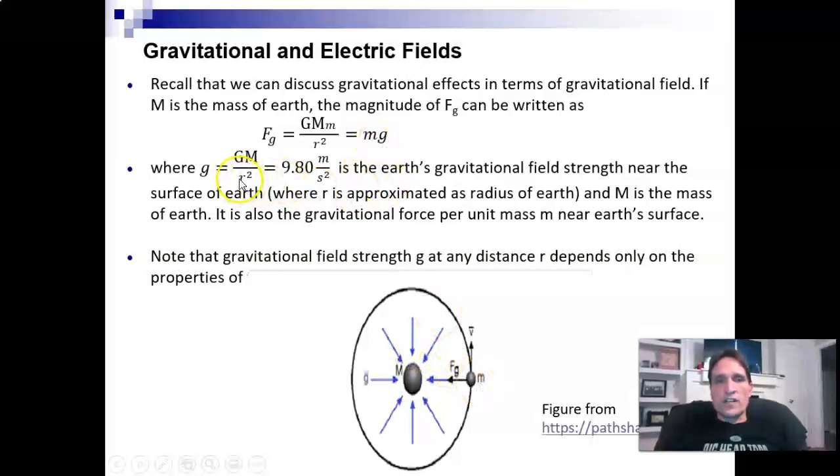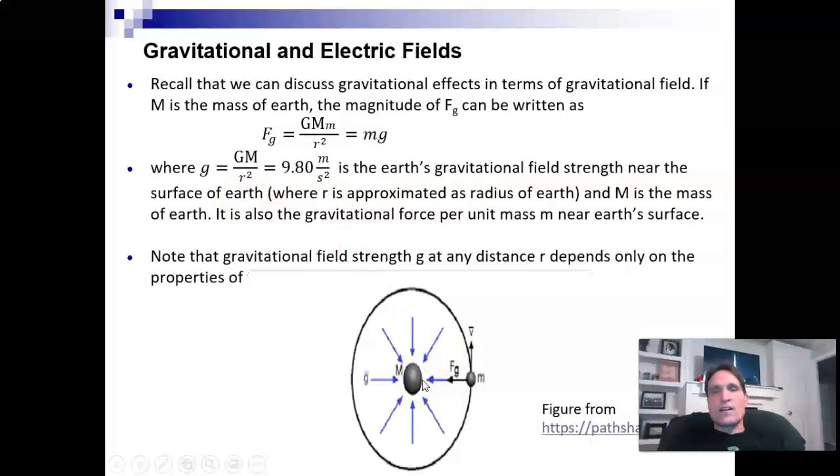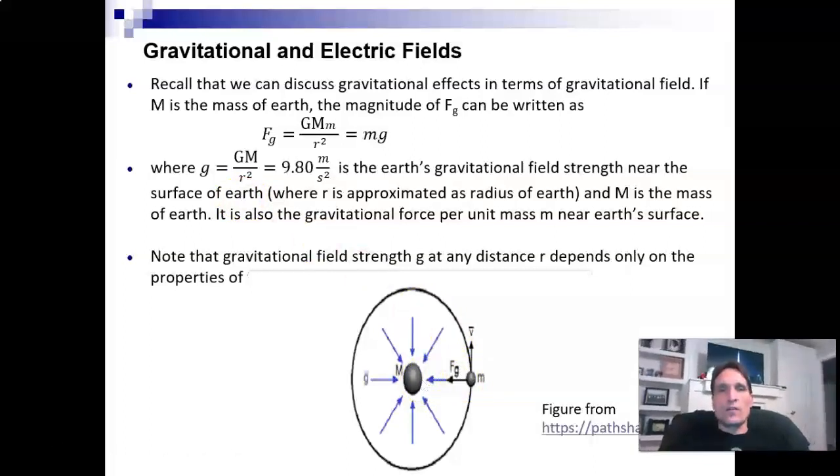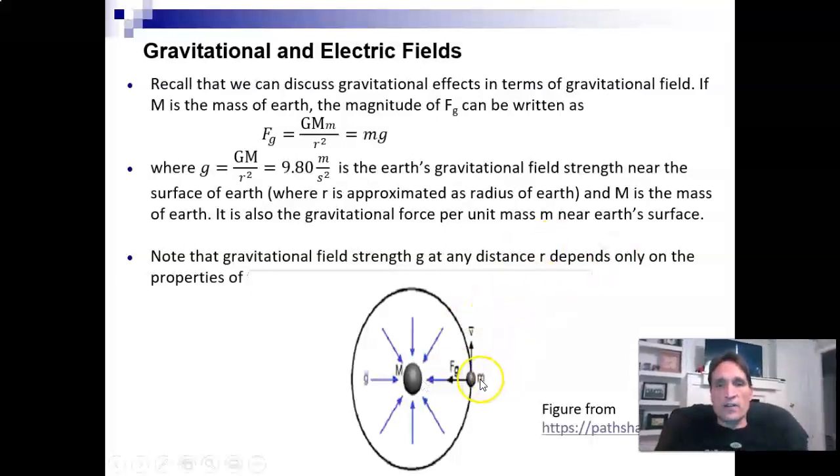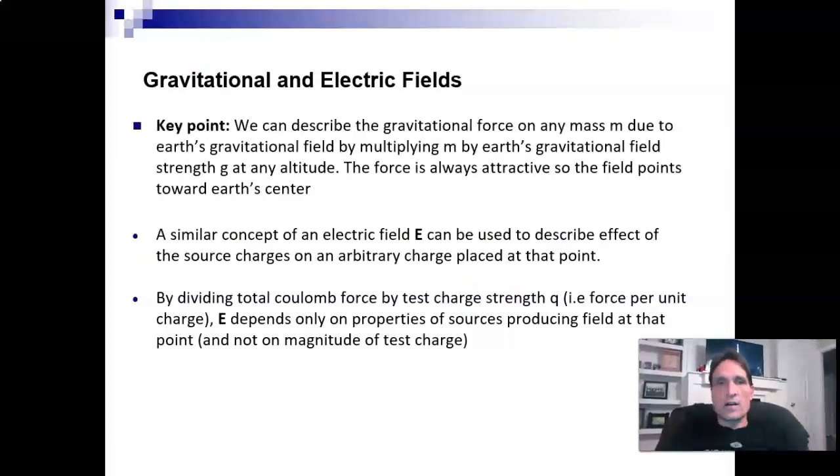And this little g depends only on the mass of the Earth and on the position. It doesn't depend on the mass of the body that's interacting with the Earth. And so this is the concept of a gravitational field. It's the force per unit mass. Little g is the force per unit mass at a distance r from the center of the Earth.